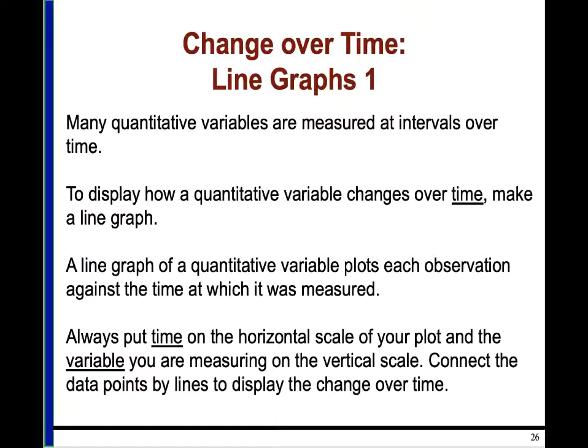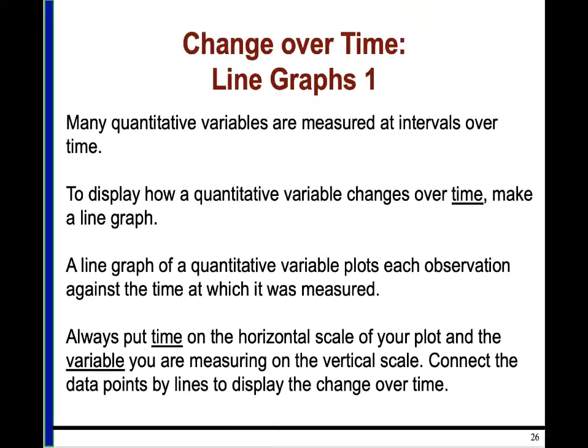But that was an example of a misleading line graph where you are looking at how quantitative variables are changing over time, whether it's the number of murders committed using firearms or things like how the economy is growing or how unemployment is changing over time, or anything where it's interesting to look at those changes over time. You always should put your time on the horizontal scale and the variable that you're measuring on the vertical scale.